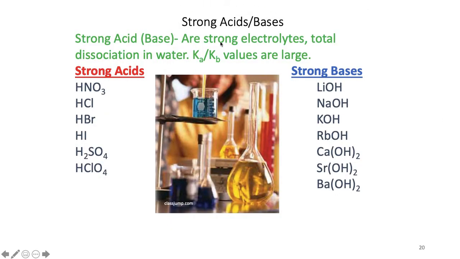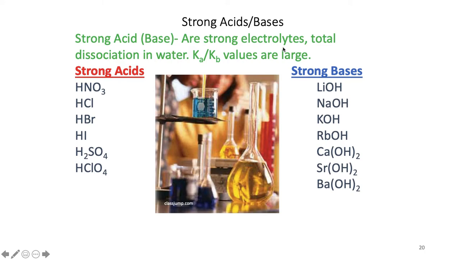We talked about the strength of acids and bases. Strong acids and bases are considered strong electrolytes. Think back to chapter 11 when we talked about electrolytes. Because they totally dissociate in water, they are very strong electrolytes, because now you have charged species in solution that can carry a current.